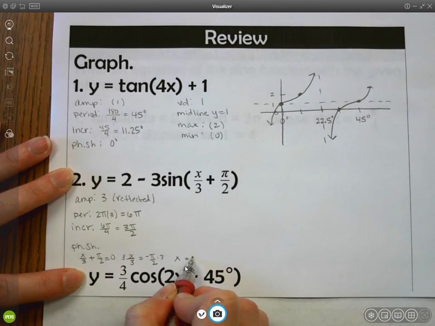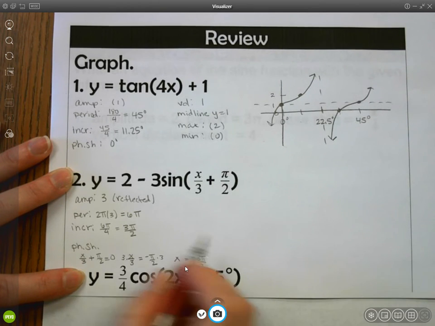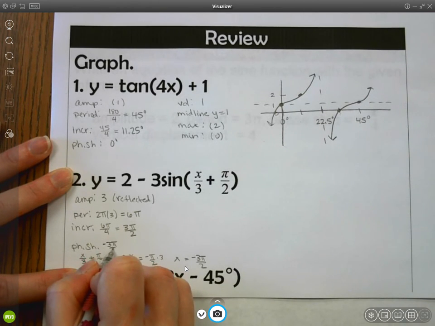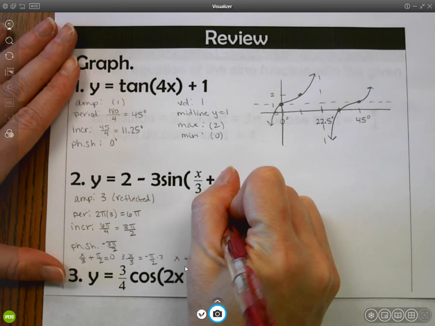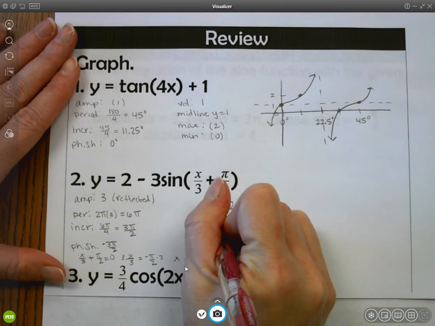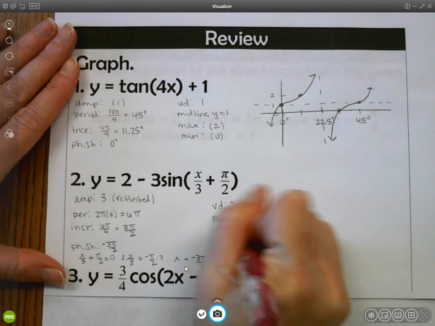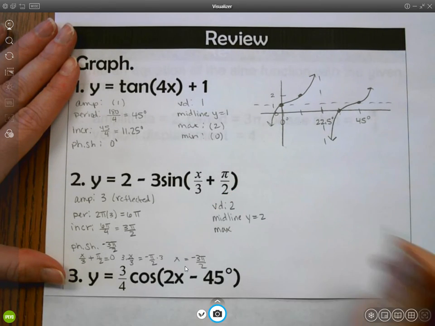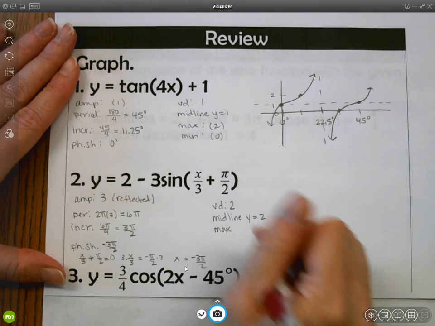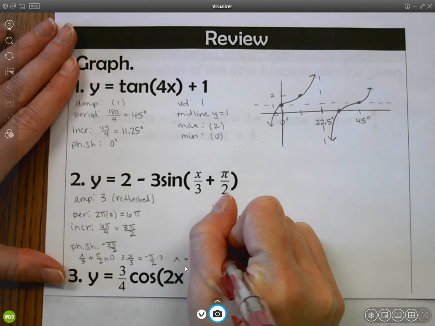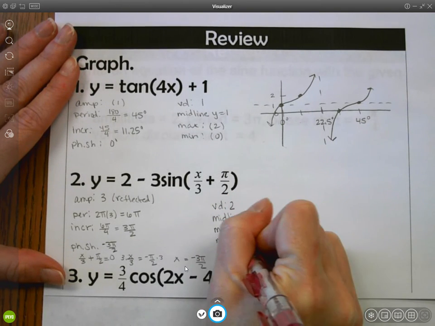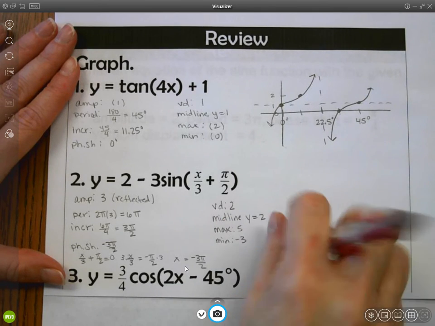So we have x is negative 3 pi over 2. All right, so our vertical displacement is 2. So the midline is at 2. The max is at 2 plus 3, so 5. And the min is at 2 minus 3, so negative 1.